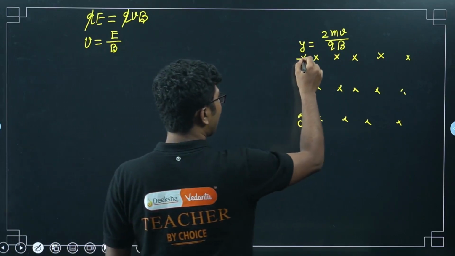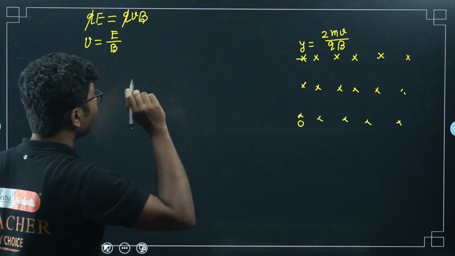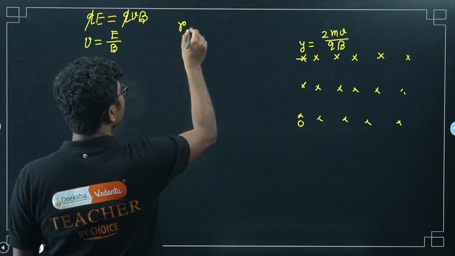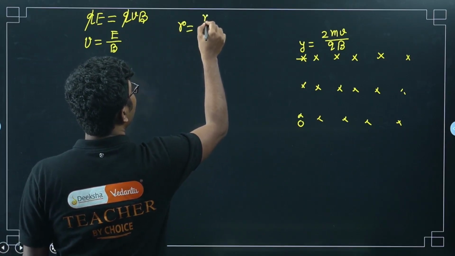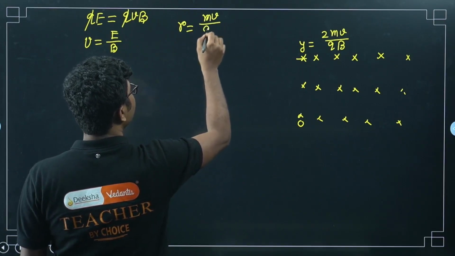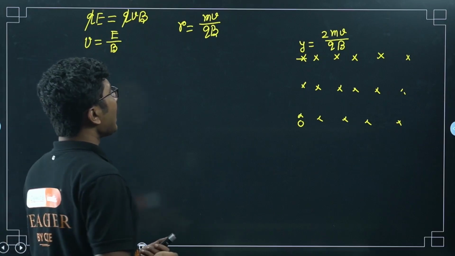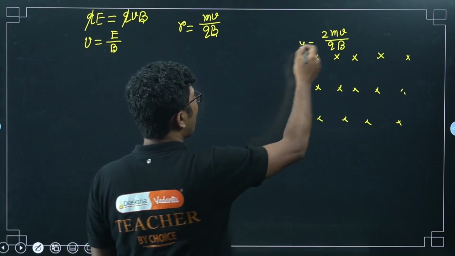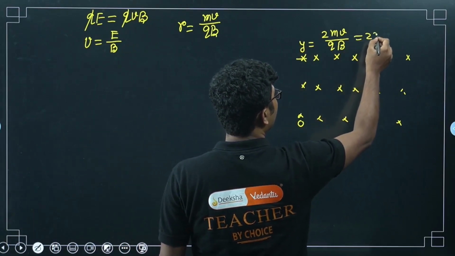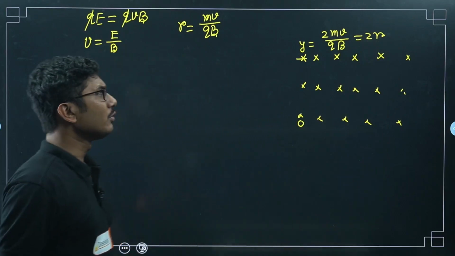This was the y at the point of entry. Now we know that the radius of rotation is given by mv by qB. We just solved it in our previous problem. So that means y is basically 2r, right? y is equal to 2r.